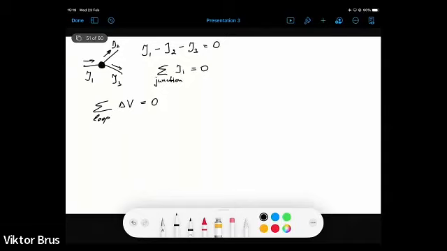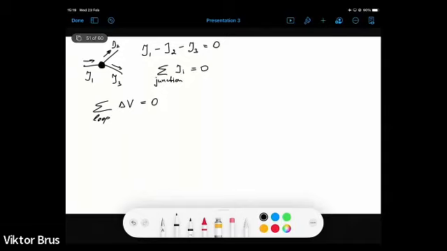Eventually the total net potential difference for any closed loop should be equal to 0, because that comes from the principle of conservation of energy.